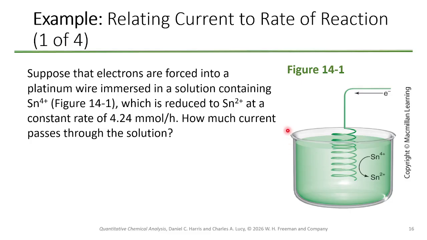So how many electrons have to come into this solution to convert that Sn4+ to Sn2+? Give it some thought. Try some stuff out. I'll give you a minute, and then we'll start.